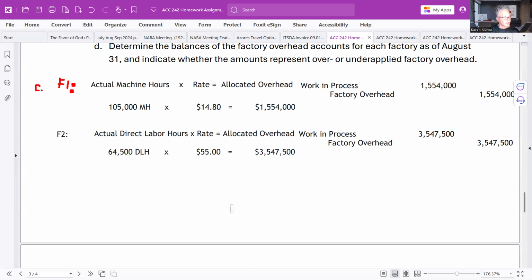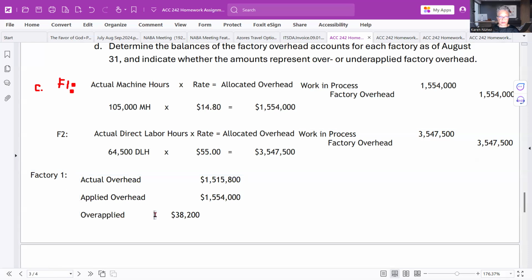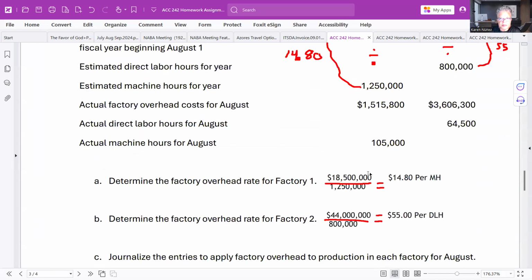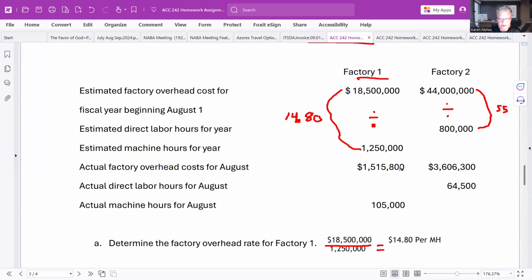Over or under applied. So let's look at factory one first. For factory one, we need to look at the actual overhead versus the applied overhead. Actual overhead is up here, 1,551,558.